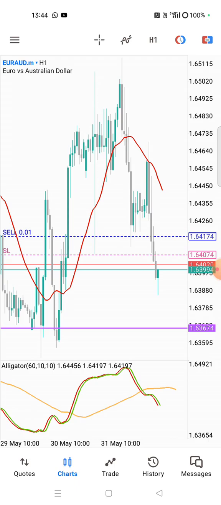You have to have this thing in your perception. You cannot follow people blindly. You must ask, why you selling, why you buying, what makes you buy, what makes you sell. Do you have any strategy for this? Ask that person. Ask the Telegram channel, why did you buy? Usually what I see in Telegram channels, they buy.